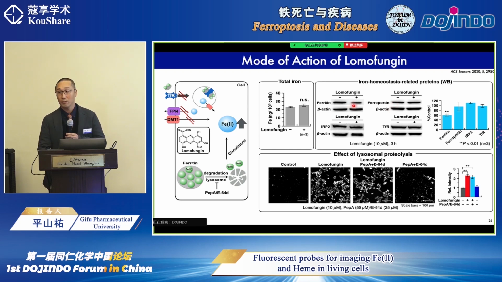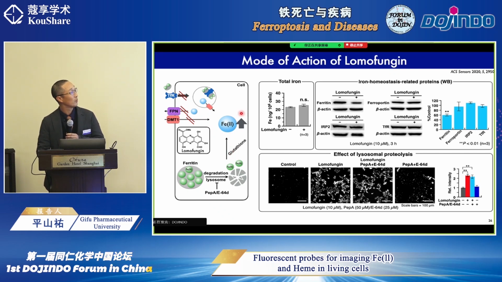It is reasonable that ferritin degradation upregulates the Fe2+ level because thousands of irons are contained in one ferritin molecule. And when ferritin is degraded, the ferric ion is released from ferritin molecules, and this Fe3+ is readily reduced to Fe2+ by the abundant glutathione.